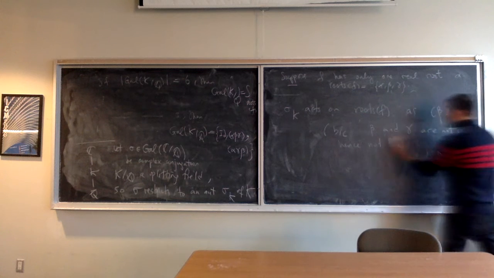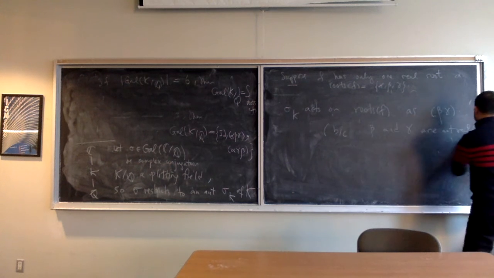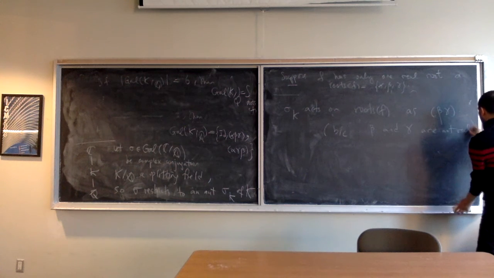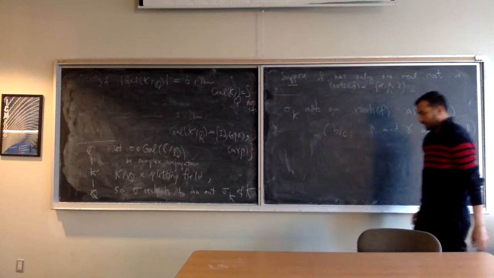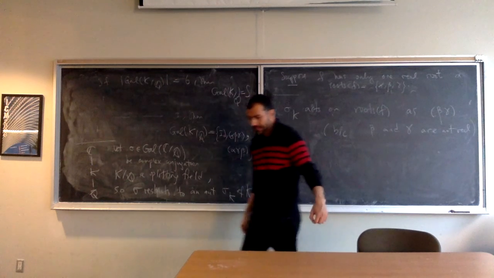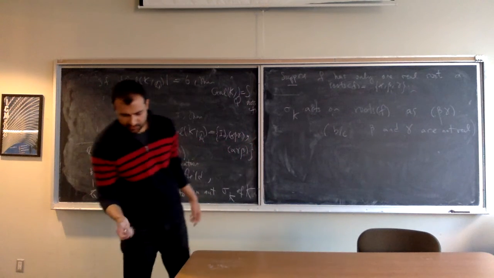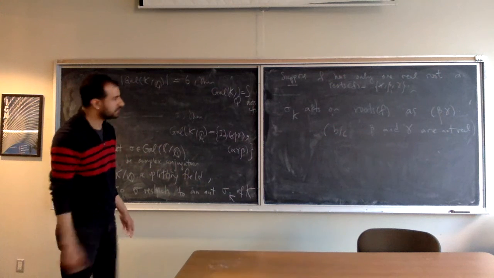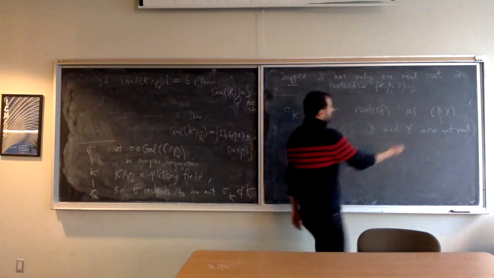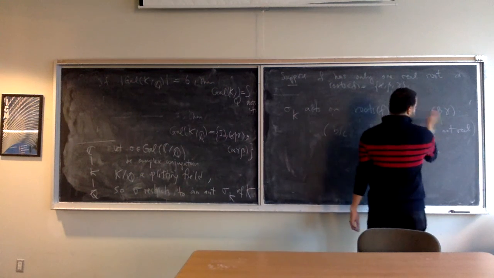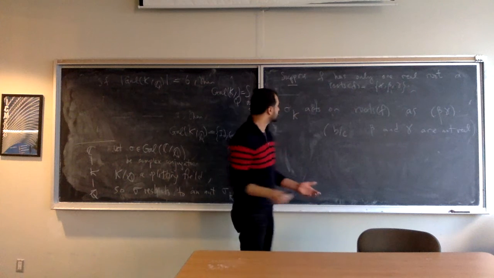Let me just write here because these are not real. I think it should be clear. Right. Alpha is real, so alpha is fixed, and then beta and gamma, they're not real. They can't be fixed. They have to be swapped. Okay, so now it acts like that two-cycle. So what is its order?